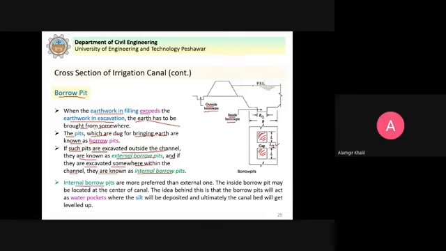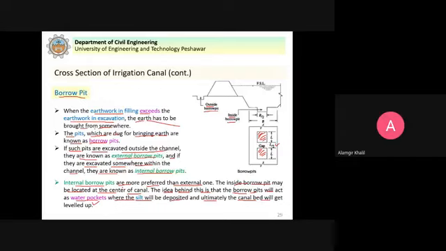Internal borrow pits are more preferred than external ones. The inside borrow pit may be located at the center of the canal. The idea behind this is that the borrow pits will act as water pockets where the silt will be deposited, and ultimately the canal bed will get leveled up.